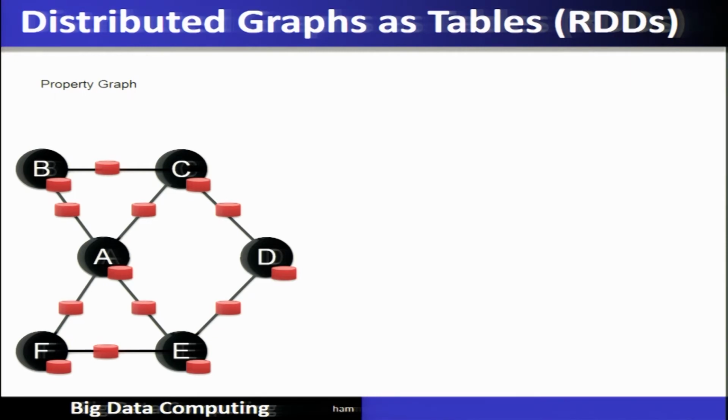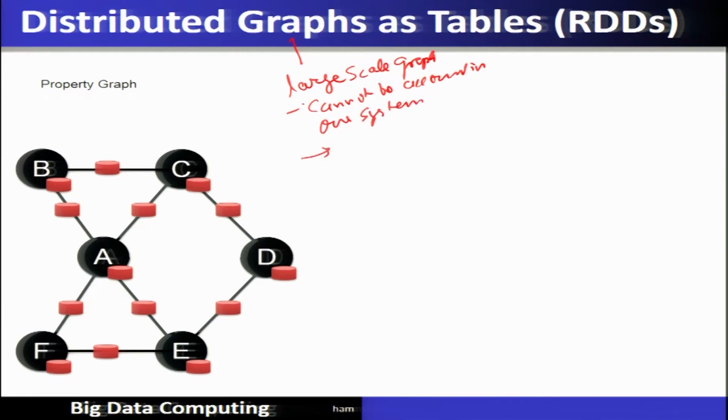Why is a distributed graph required? Because the graph is very large. It is called a large scale graph. This large scale graph cannot be accommodated in one computer system.